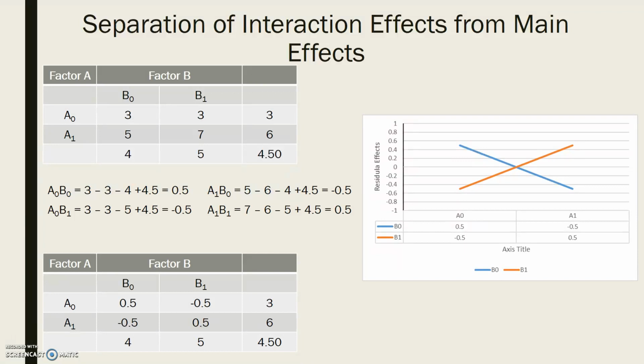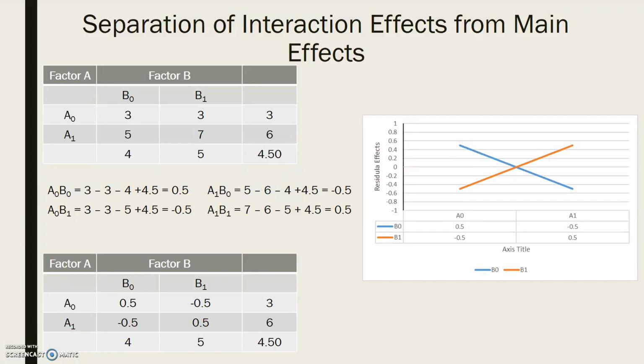The value we see in the table for A sub 0 and B sub 0 is 0.5. That is how the mean should be adjusted, so we're adjusting that mean up by 0.5 point. Likewise for A sub 0 and B sub 1, the mean would be adjusted downward by negative 0.5.